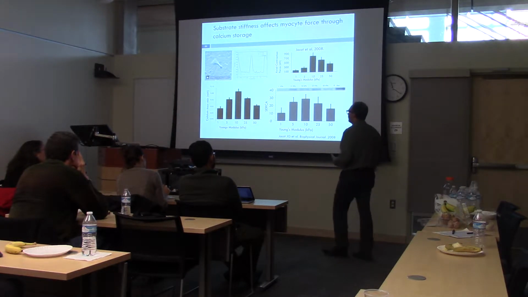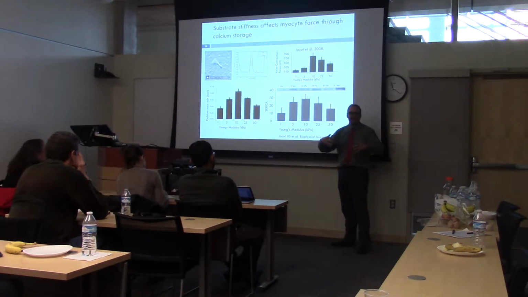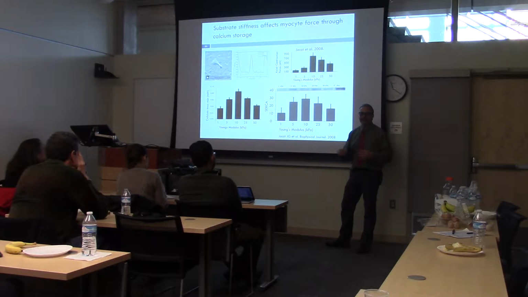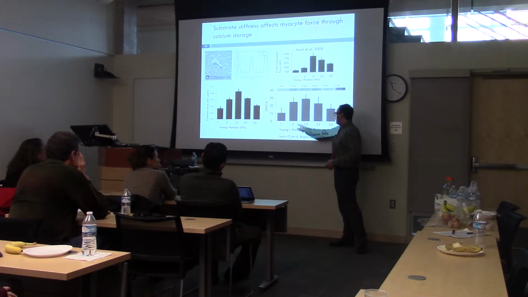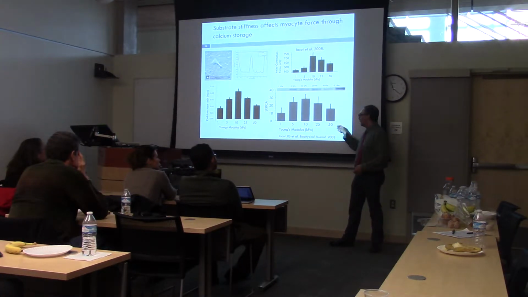It's a calcium pump in these calcium stores inside heart cells that store calcium and release it during every heartbeat. These calcium stores develop as the heart cell matures. They aren't in very immature cells. They're always present in very mature cells. And they seem to only develop on ideal Young's modulus and not develop as you get softer or stiffer.